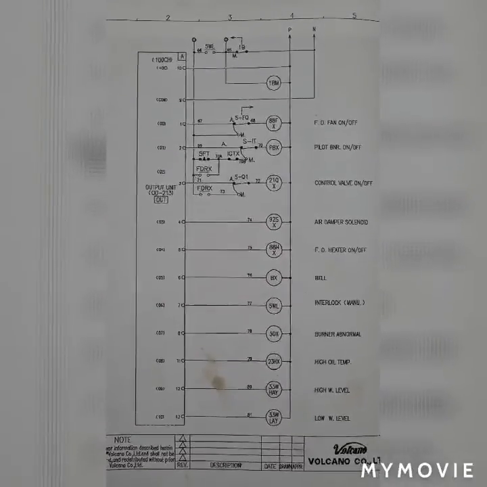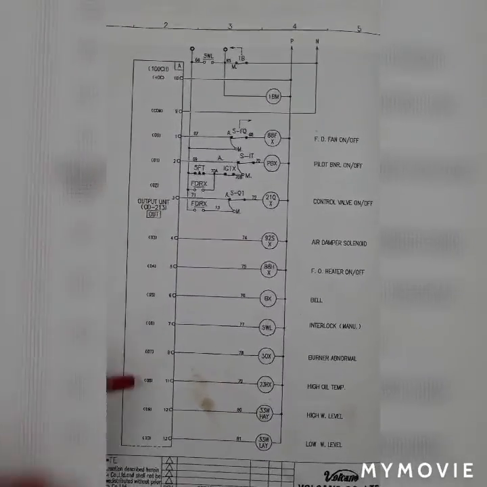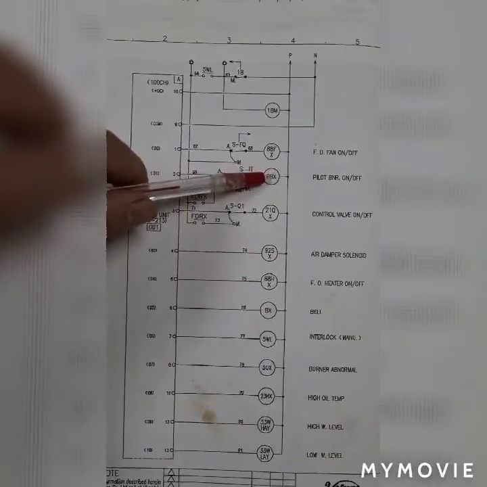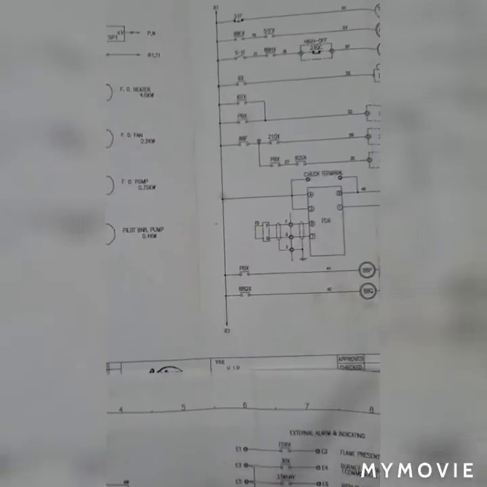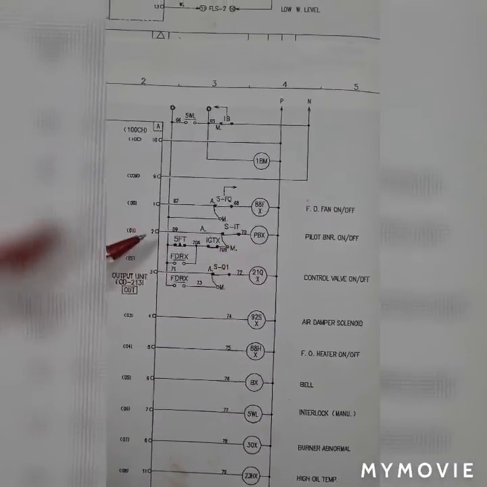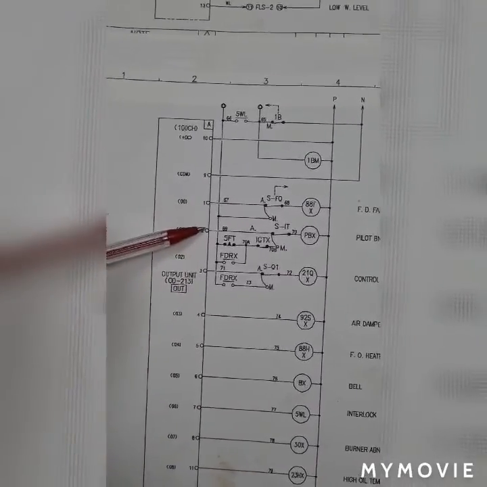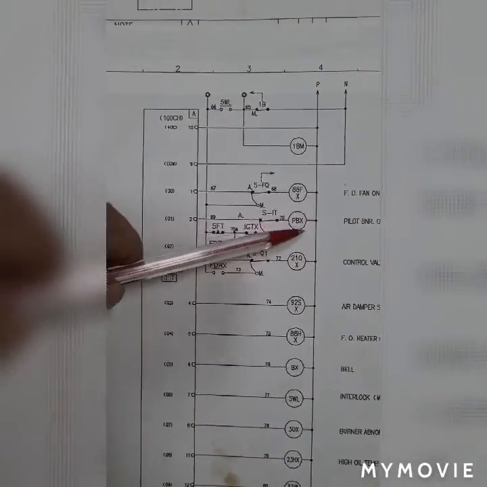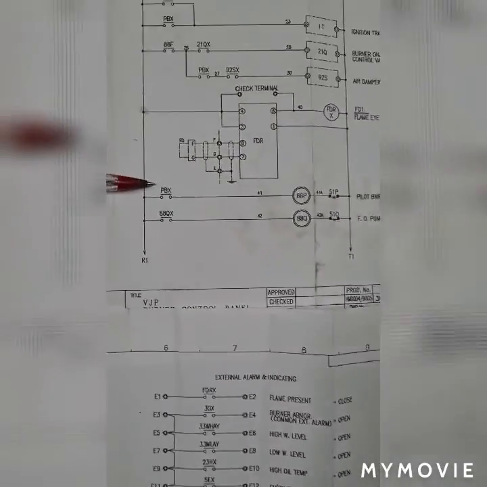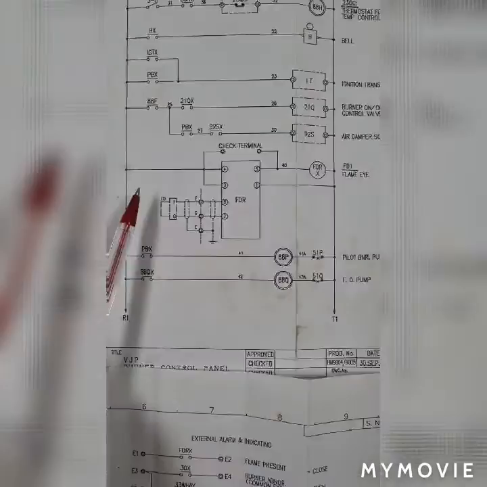Okay? And then, this PLC sequencer will give a signal to the electronic relay PBX. This PBX electronic relay is already energized, giving a signal from the PLC to this PBX electronic relay, which has an auxiliary contact going to the pilot burner auxiliary pump contact, ignition transformer, and energizes it.